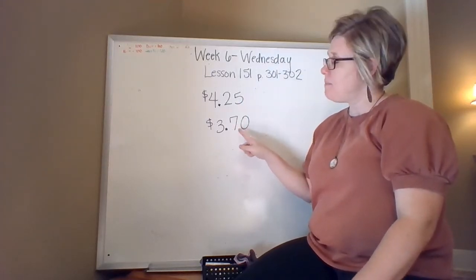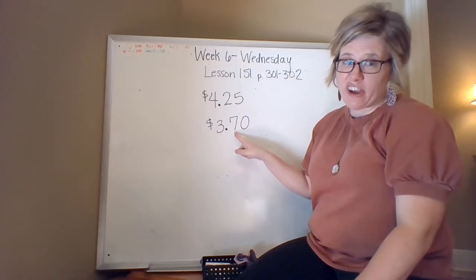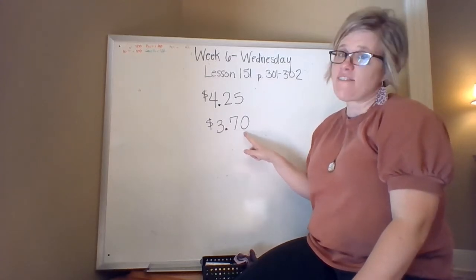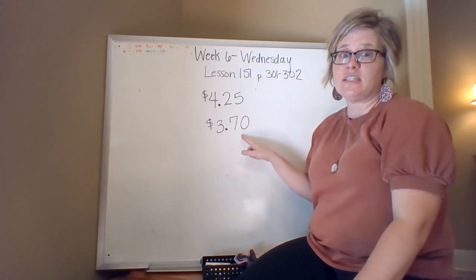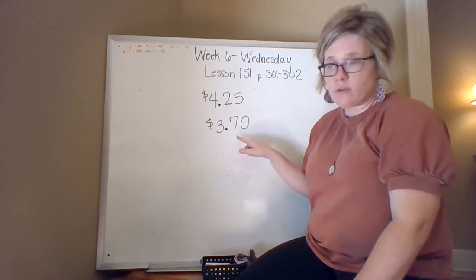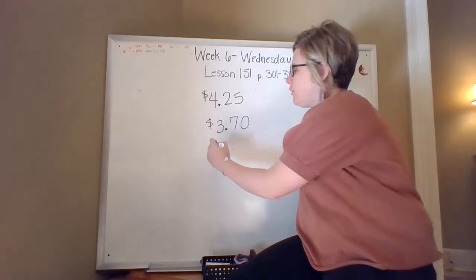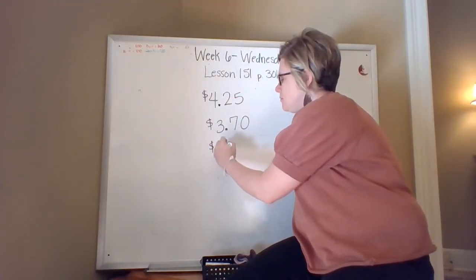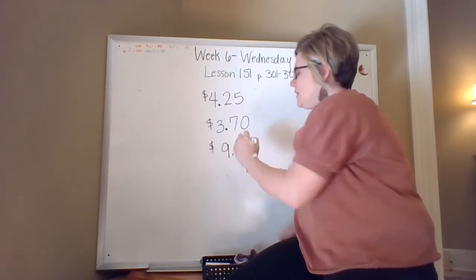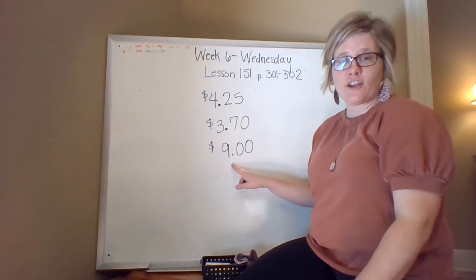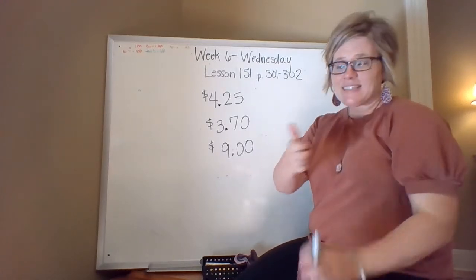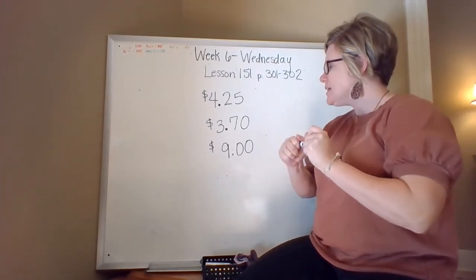Yeah, it does. But this number is not a 0. Okay, this is 70 cents. Remember, it has to have 0 cents. 0, 0. So this number is not rounded to the nearest dollar. Last one. Is this number rounded to the nearest dollar? Yes, it is, because it ends in a 0.